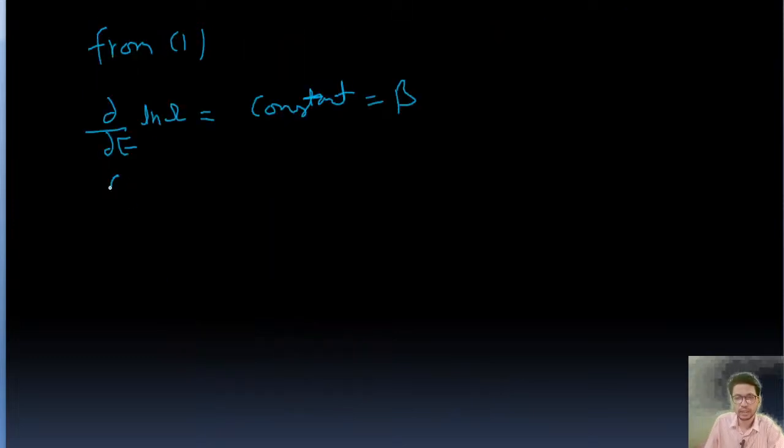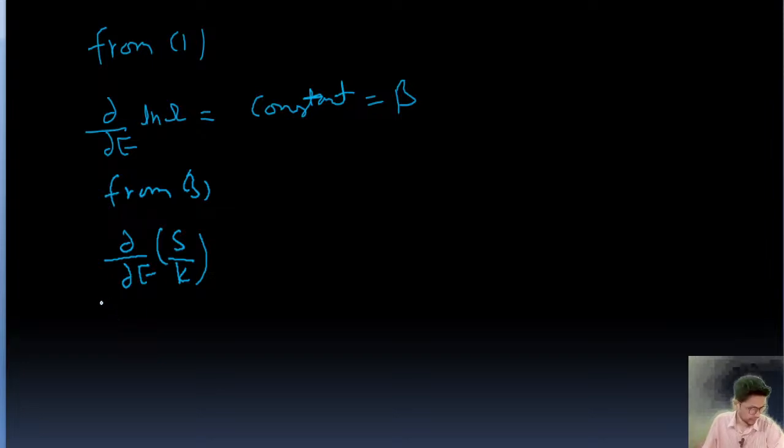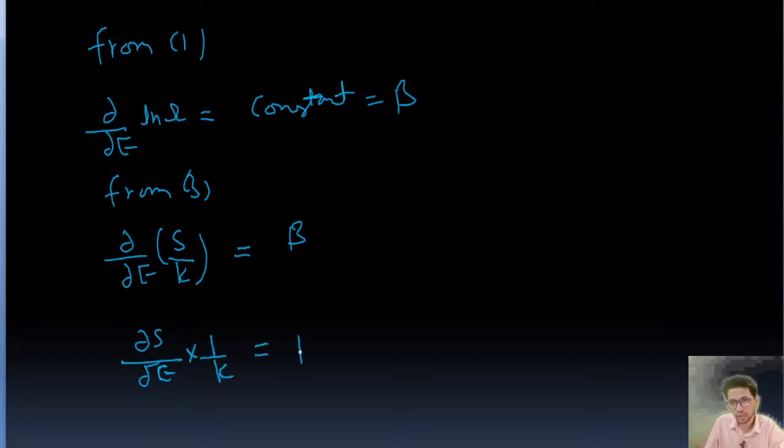So from 3, I can write ∂/∂E of S/k, and that is going to be equal to β. This is ∂S/∂E times 1/k, that is going to be β.